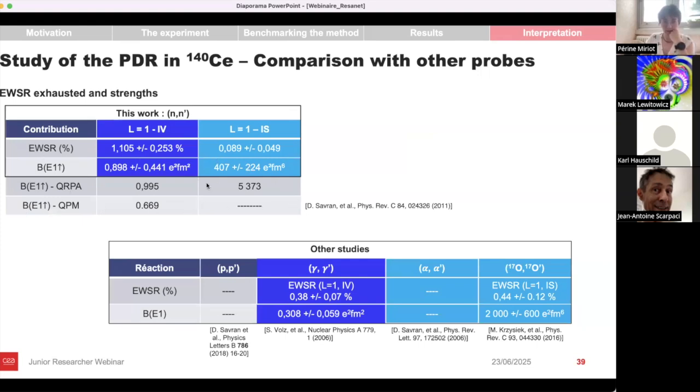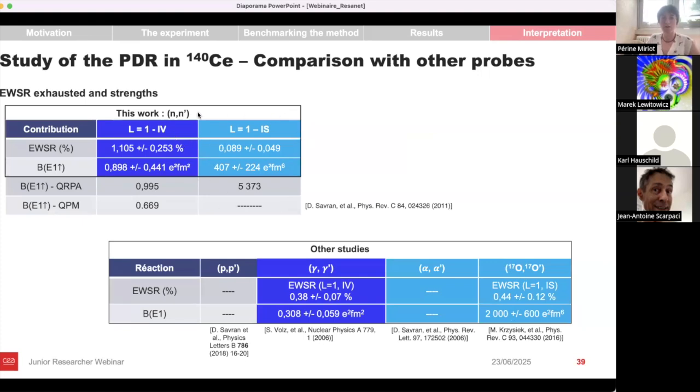Here, I compare those values with microscopic predictions within the QRPA and the QPM frameworks, so I will not enter into the details, but two microscopic predictions. And here, I give the values obtained in other experimental studies. Only the gamma-gamma prime and the oxygen-17 inelastic scattering gave results in terms of those values.